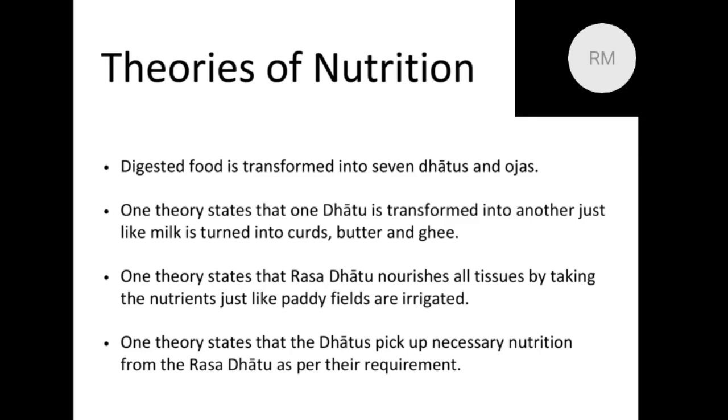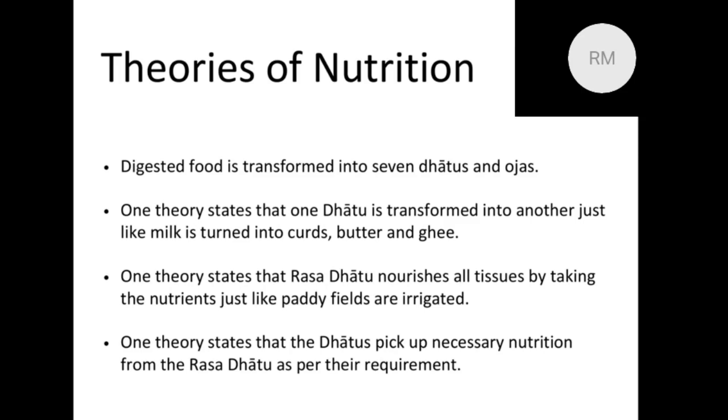But a lot of people do not accept this theory because they say that if the Dhātus are continuously getting completely transformed, then if we fast for a few days, we would not have any Rasa Dhātu in our body.